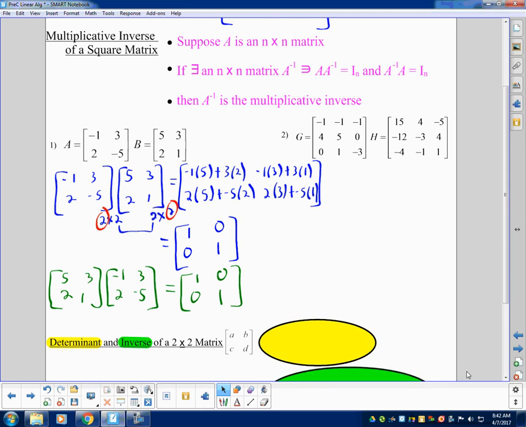And so my statement would be something like this. It's kind of like a proof, more or less. Since A times B equals B times A equals the identity subscript 2, in other words, the 2 by 2 identity, we get a statement: AB equals BA equals the identity. B is the inverse of A. We should say multiplicative.